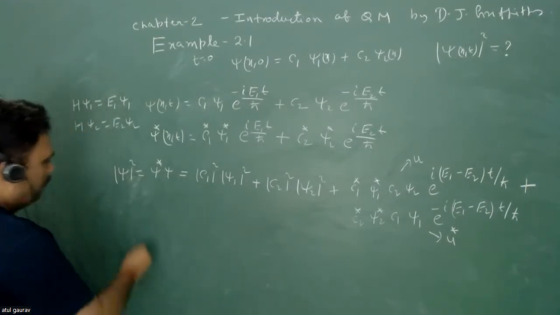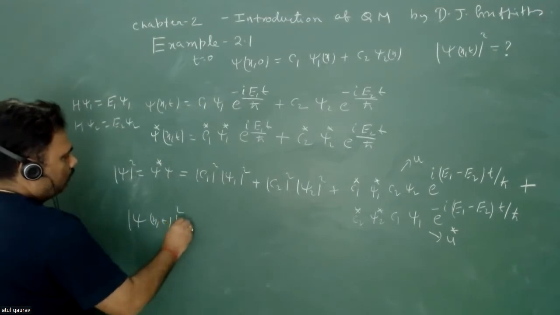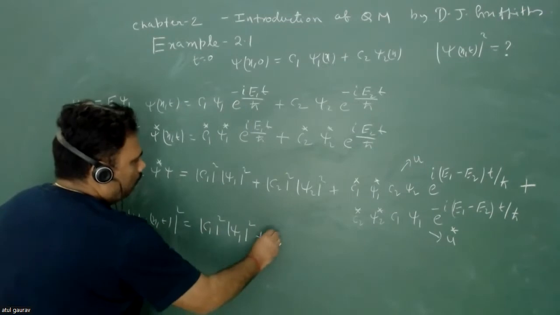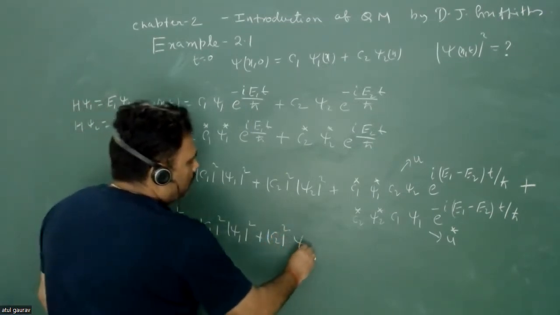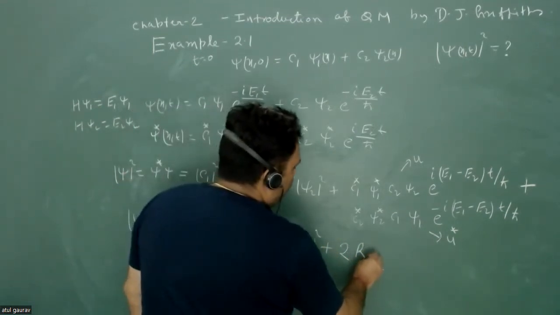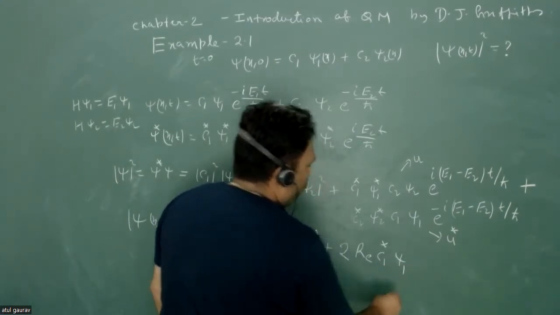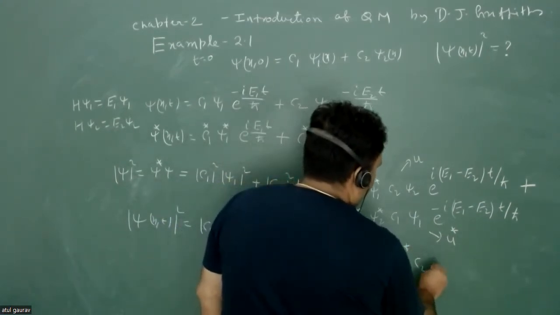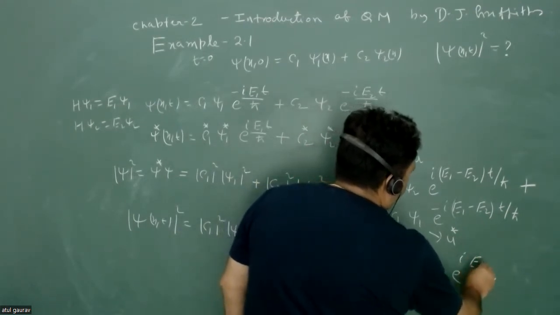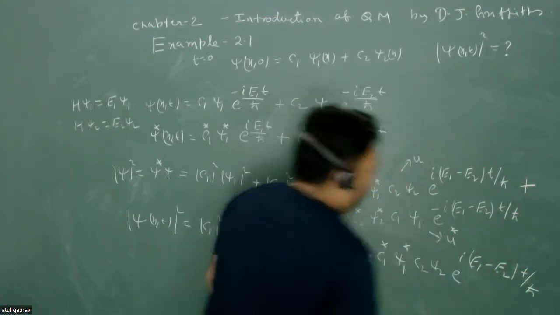So what will be the final answer? The final answer is mod psi(x,t) squared is mod C1 squared, mod psi1 squared, plus mod C2 squared, mod psi2 squared, plus 2 times the real part of C1 star psi1 star C2 psi2 e to the power i (E1 minus E2) t upon h cut.